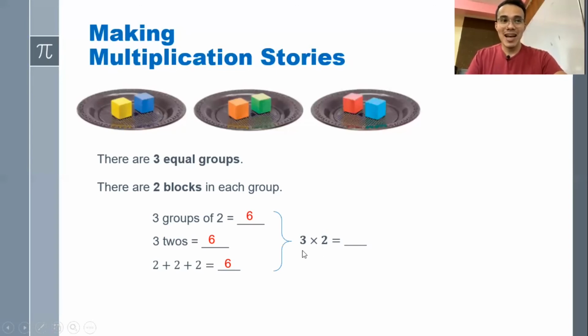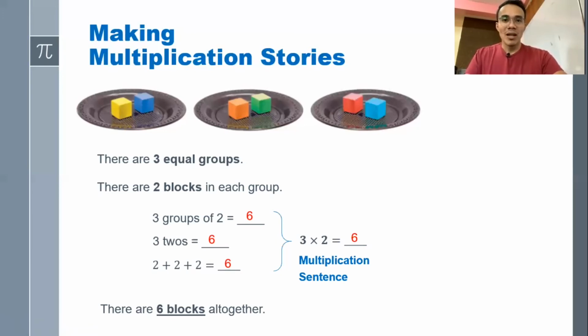This is read as 3 times 2 equals blank. And this is what we call the multiplication sentence. 3 times 2 is equal to 6 since our answer in the 3 sentences here is 6. Therefore, there are 6 blocks altogether.